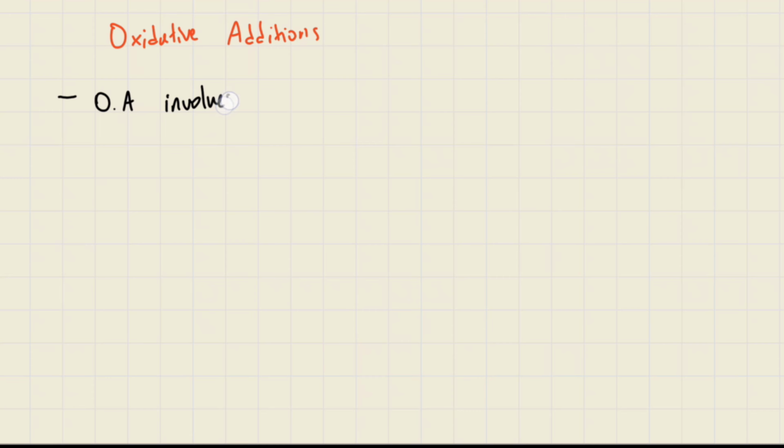Oxidative addition reactions involve the attachment of two groups to a metal complex with a relatively low oxidation state. And the oxidation state of the metal center increases due to the oxidative addition.